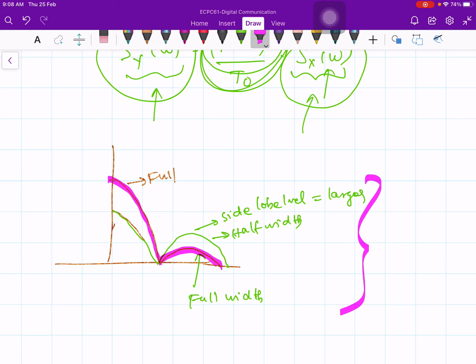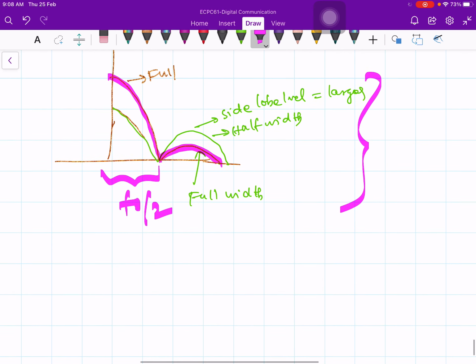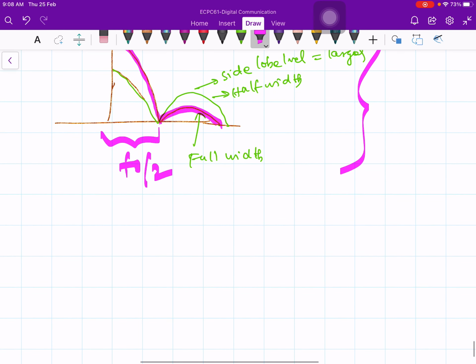It doesn't mean that we have to use a rectangular pulse of half width or full width. You can use some other pulse shape and control the side lobe, and therefore maintain the bandwidth essentially in the region f0 by 2.